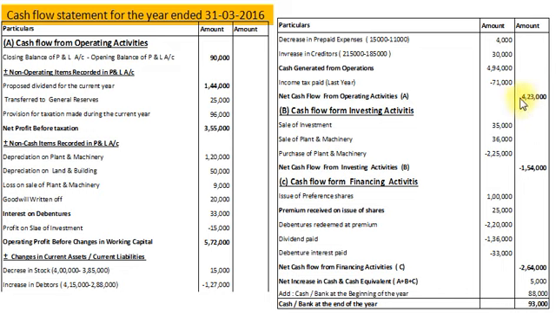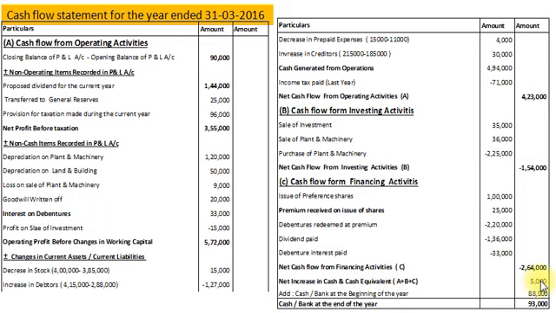Now we have all three activities' cash flow. Cash flow from operating activities rupees 4,23,000 positive. Net cash flow from investing activities 1,54,000 negative. And cash flow from financing activities rupees 2,64,000 negative. By adding these three, A, B and C, we get net increase in cash and cash equivalent rupees 5,000.